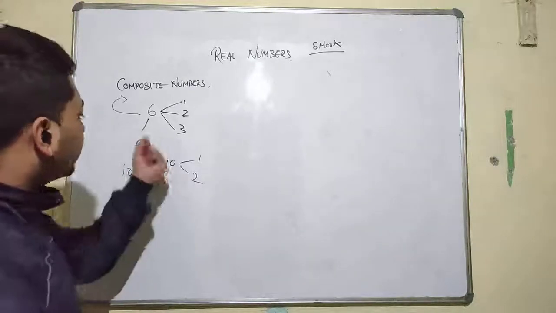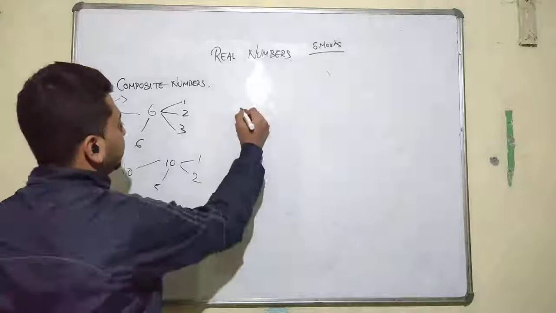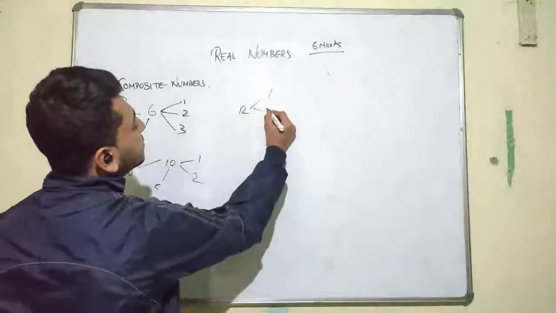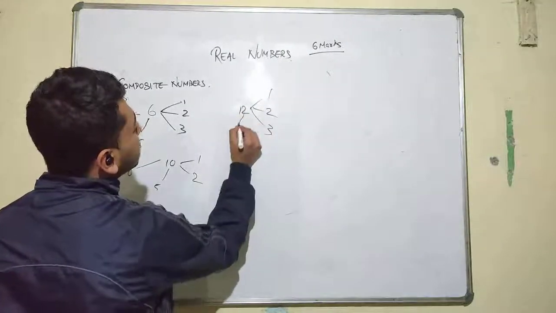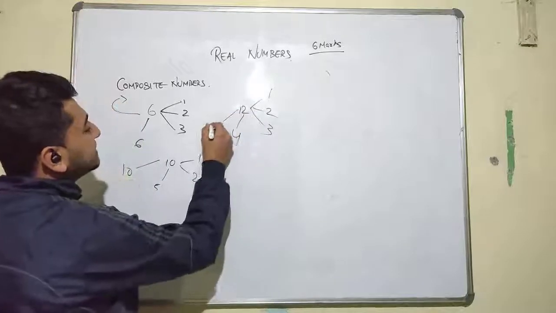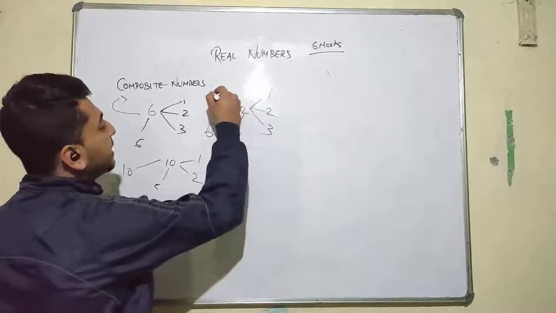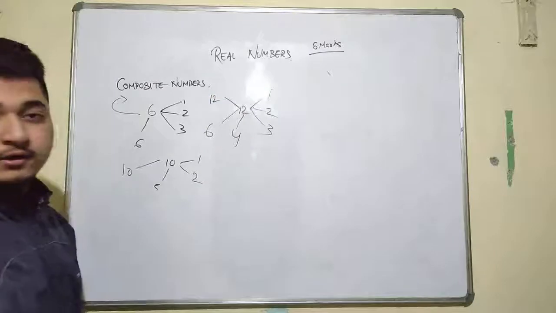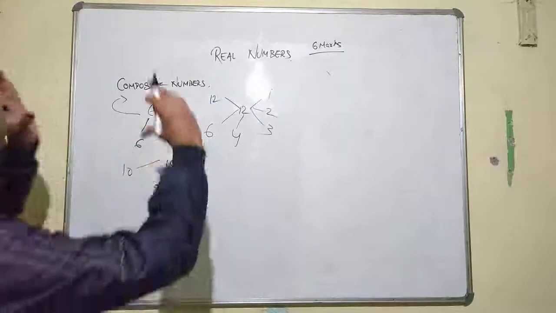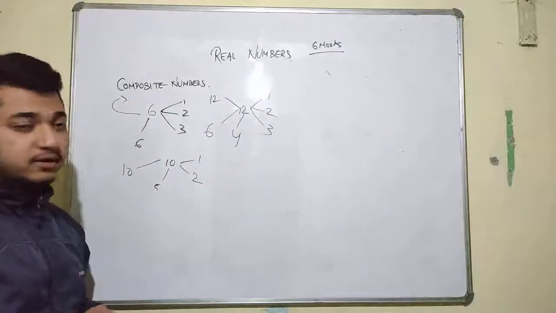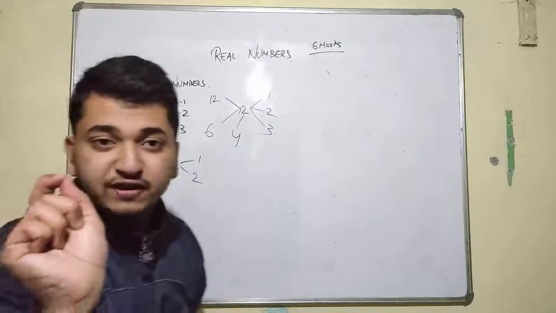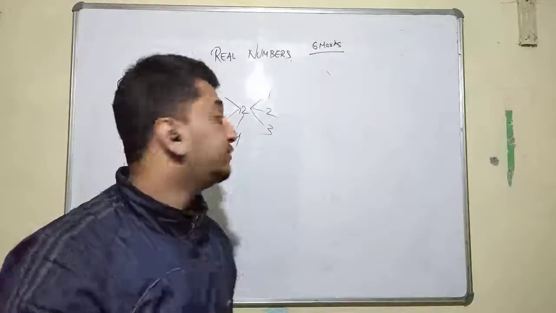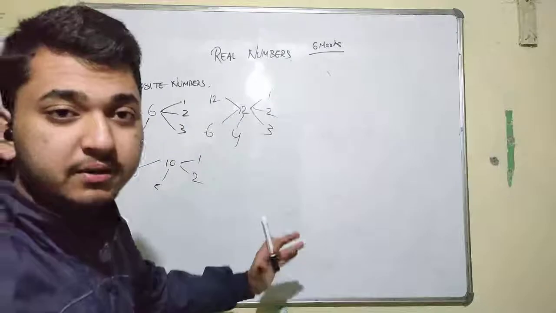This is your composite number. 12 is divisible by 1, 2, 3, 4, 6 and 12 itself, so it is a composite number. I hope you have got the basic difference between a prime number and a composite number.